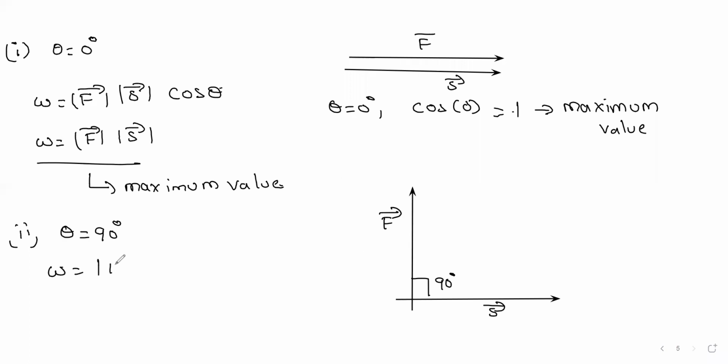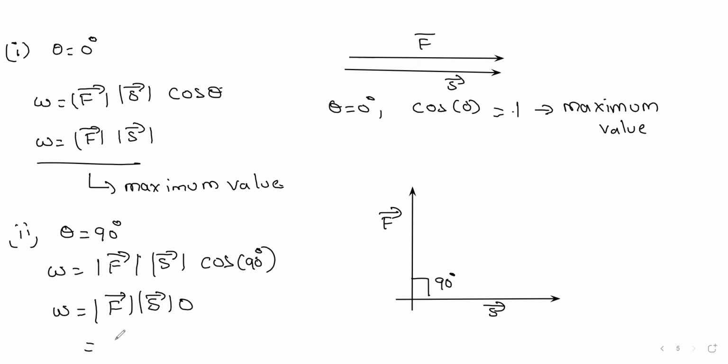So work done is mod f into mod s, and we have to substitute 90 here. We get work done as mod f into mod s into 0, which is equal to 0. So this is a very important condition.